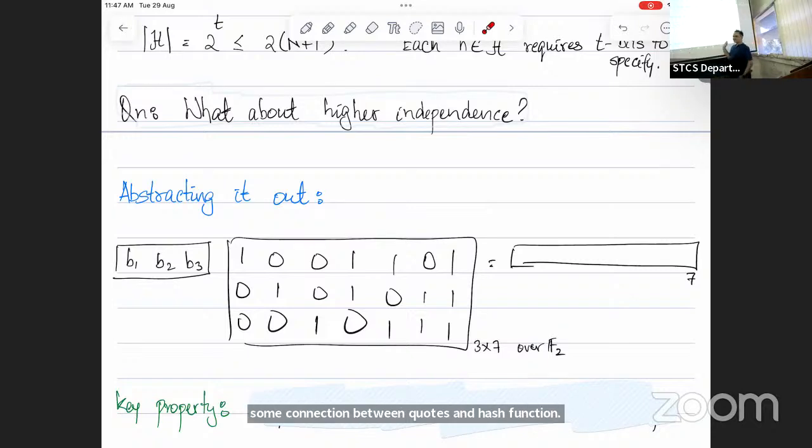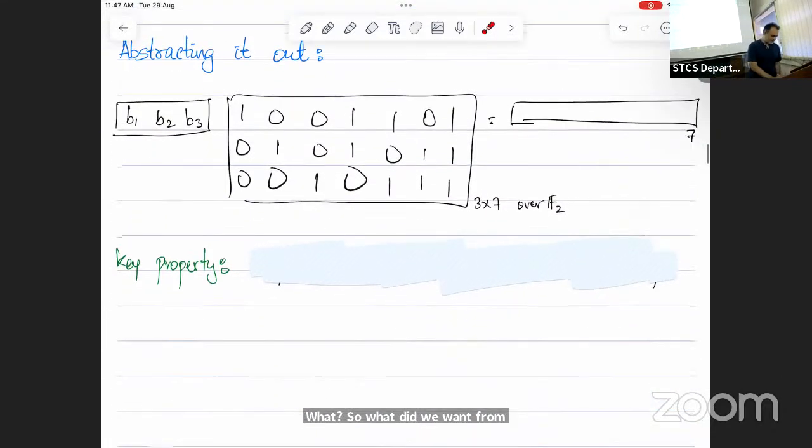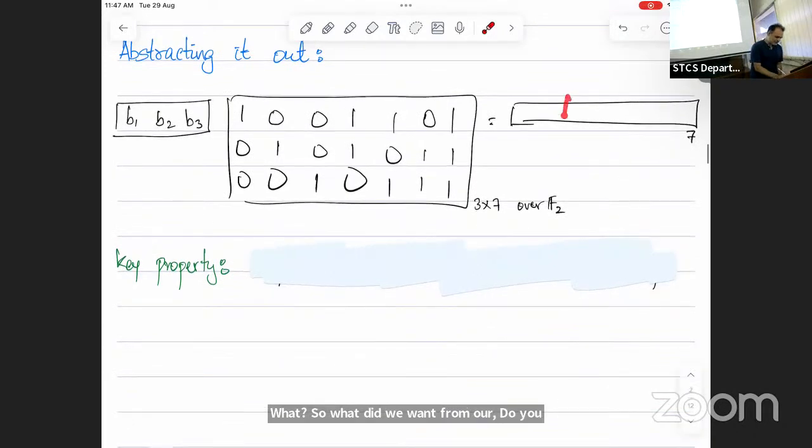But in this case, what is it really that made it work? We wanted to say, suppose I focus on just 2 of the coordinates and I imagine picking B at random. I want to say these 2 coordinates should look random. So let's forget about the rest of the matrix and just focus on 2 coordinates.